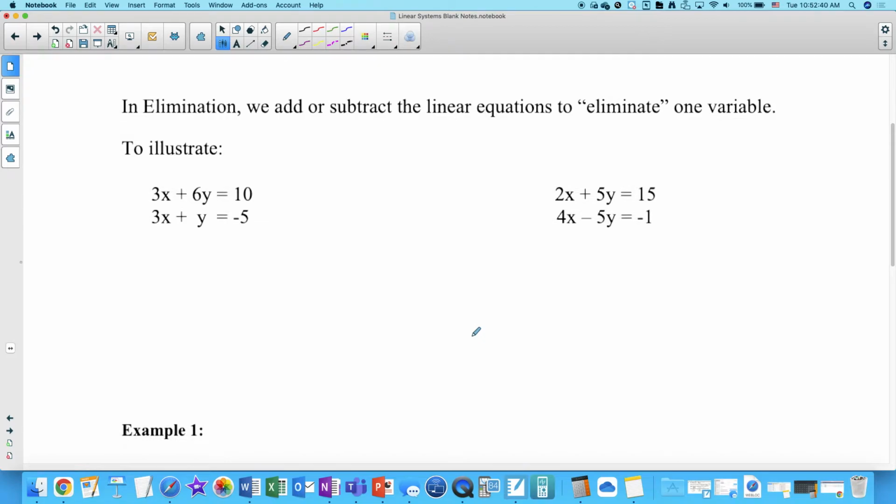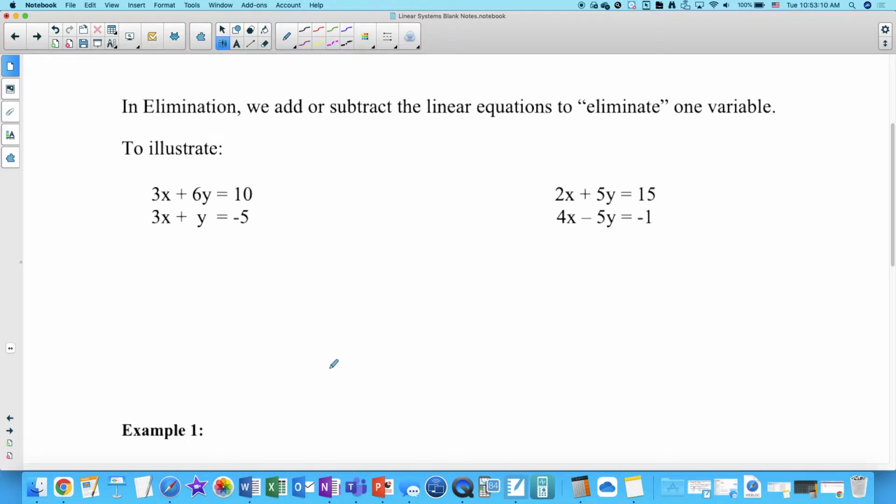Okay, so let's see how this would work. We have this system over here, 3x plus 6y equals 10, and 3x plus y equals negative 5. Is there a way that I could either add or subtract these equations together so that essentially one of the variables, the coefficient is 0? Because if I have 0 of a variable, that variable disappears or gets eliminated.